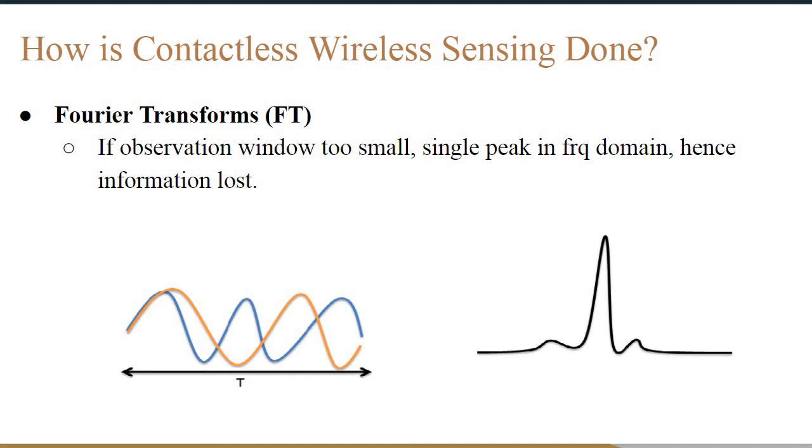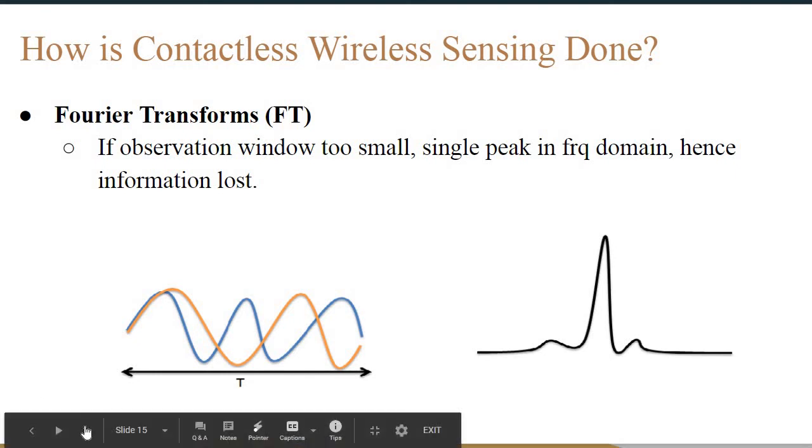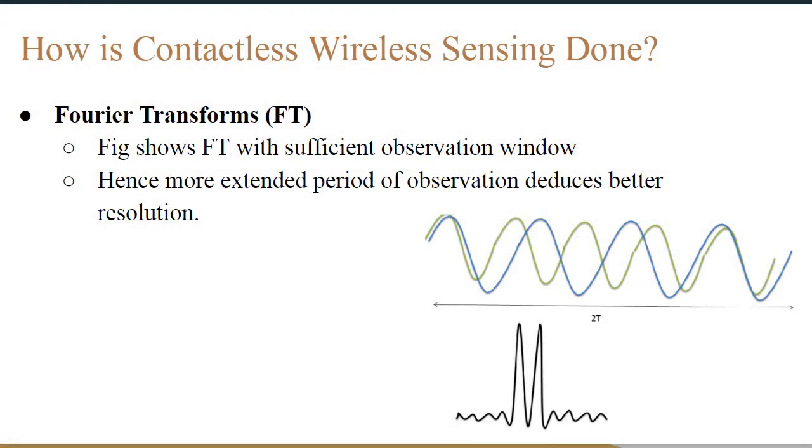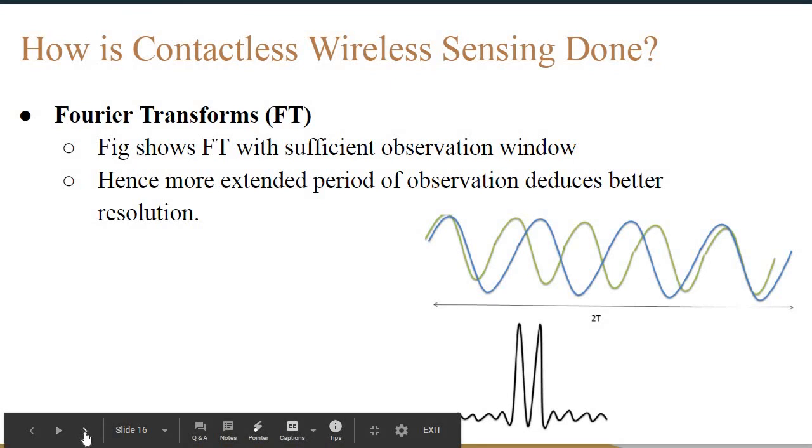This leads to loss of information. On the other hand, if the observation window is sufficient, then we will be able to observe two peaks. Hence, we can say that a longer period of observation gives better resolution and prevents loss of data.